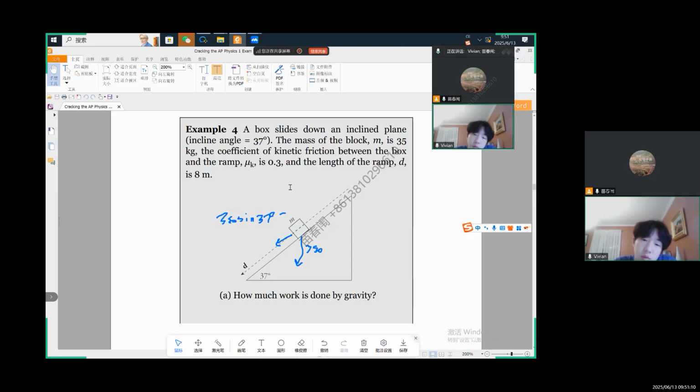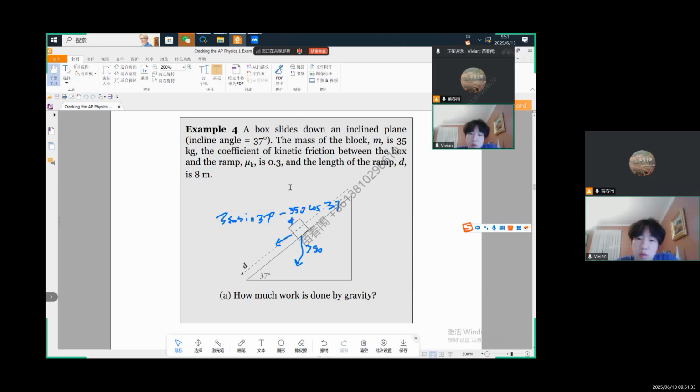And then the normal force is 350 cosine 37 degrees.